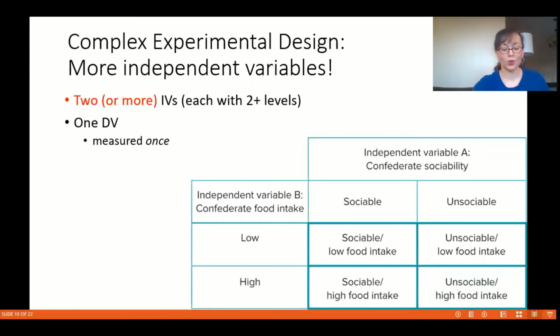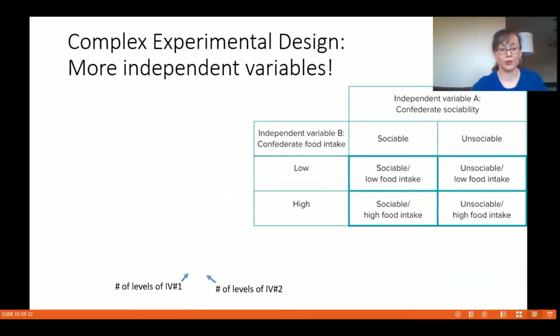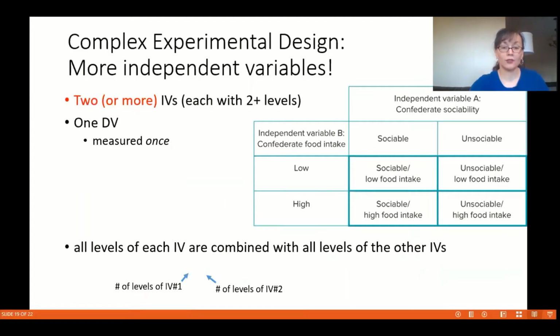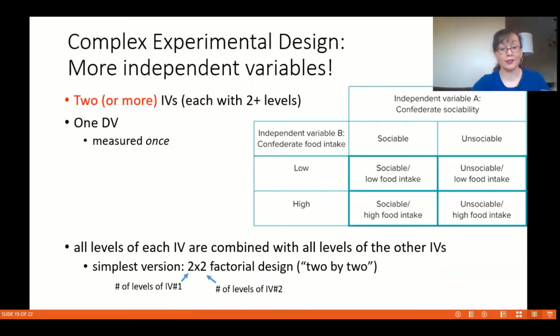And we would be able to see in this case that all levels of each independent variable are going to be combined with all the levels of the other independent variable or variables. And again, the simplest version of this, at least 2 independent variables, and each with at least 2 levels, we have a 2-by-2, what we call a factorial design.